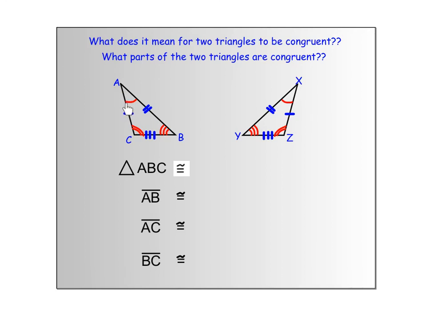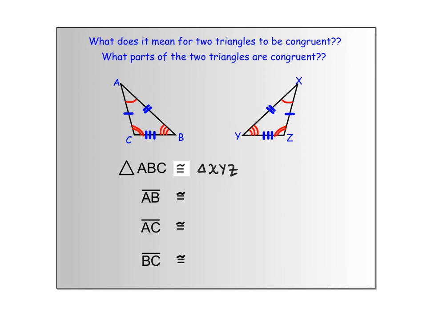So it looks like angle A is congruent to angle X. Angle B is congruent to angle Y. And angle C is congruent to angle Z. Therefore, we could say that triangle ABC is congruent to triangle XYZ.